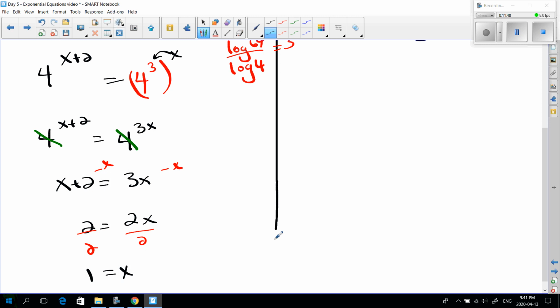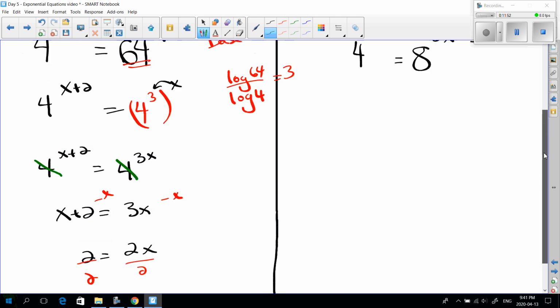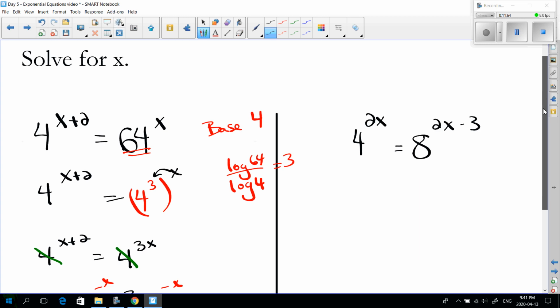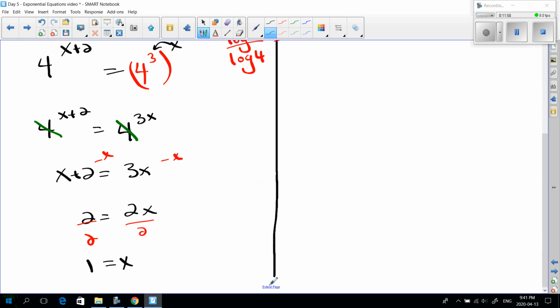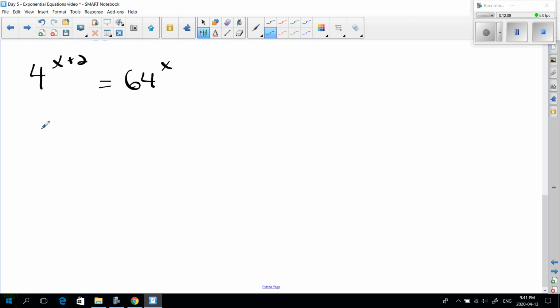Now, what you want to make sure you do in the end, once you get your answer here, is test your answer. What I mean by that is make sure that x equals 1 is a solution. So I'm going to write down my original question. I'm going to replace the x's with 1's.